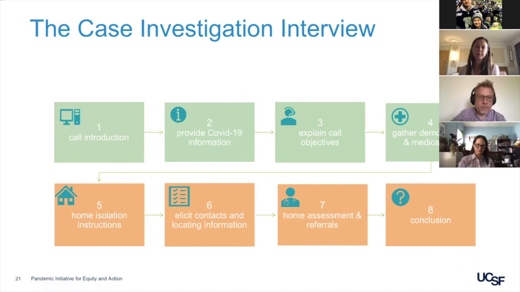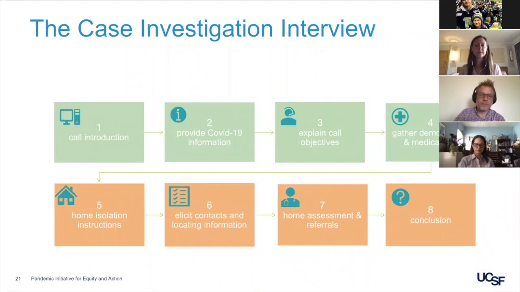These first green boxes are what we're going to focus on today: introducing the call, explaining why you're calling, explaining information about COVID-19, supporting and establishing a rapport with the case that you're calling and assuring them that you're there for support, as well as gathering demographic and medical information.